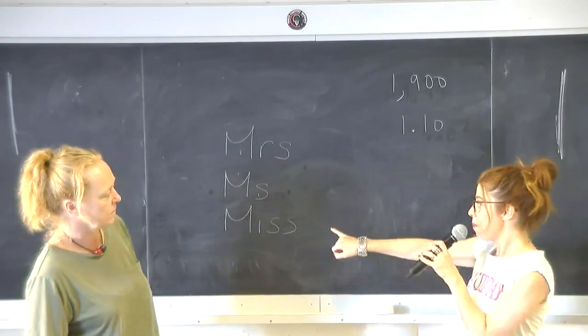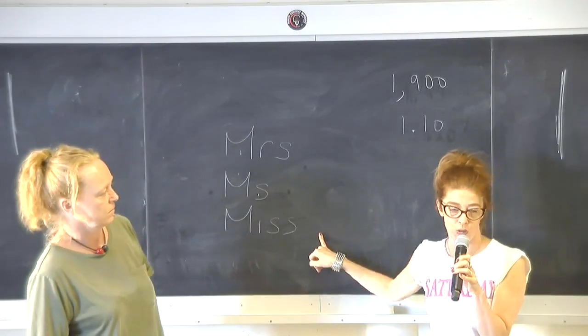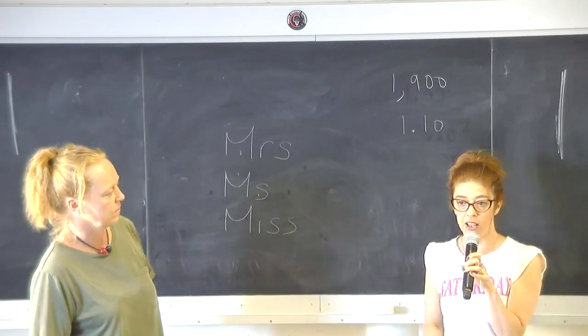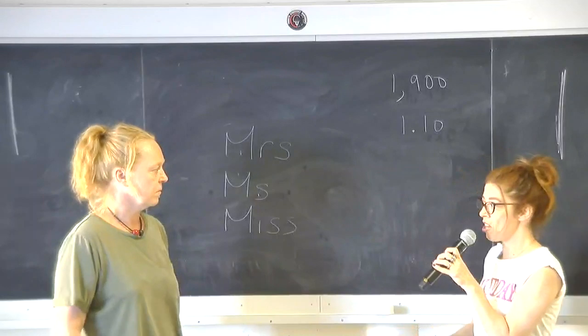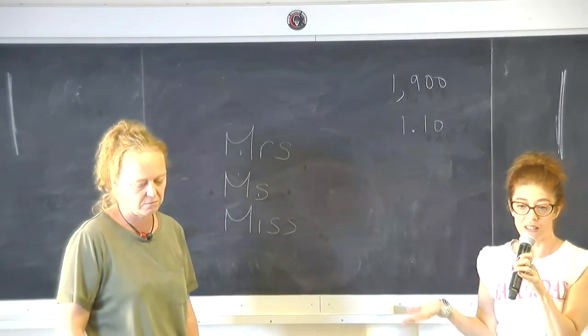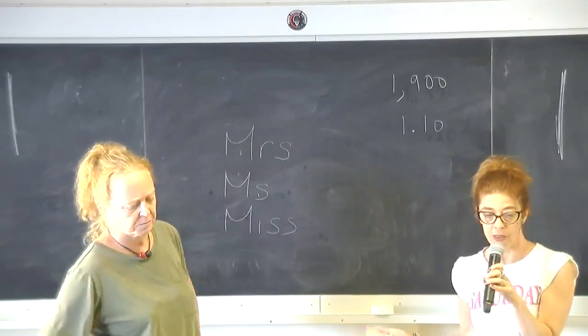All right. Miss is generally not used, okay, because we use it when we're talking about very young girls. So I'm going to say from the ages of 5 to 16, 17, something like that. Yeah, maybe 5 to 18, 5 to 20, okay?